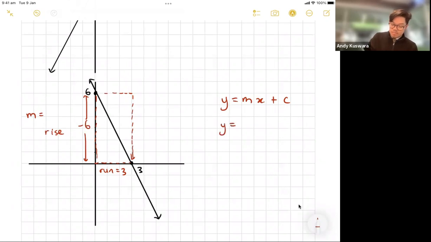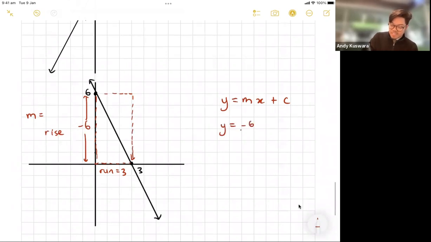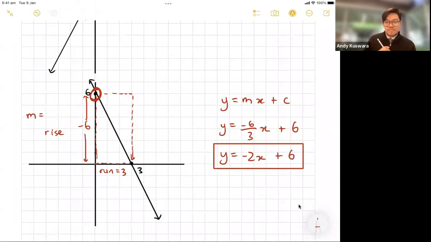So my rise over run is -6 on 3, lots of x, and then plus c. C again is my y-intercept, which is +6. Simplifying this, -6 on 3 is -2 lots of x, +6, and that would be your equation of a line.